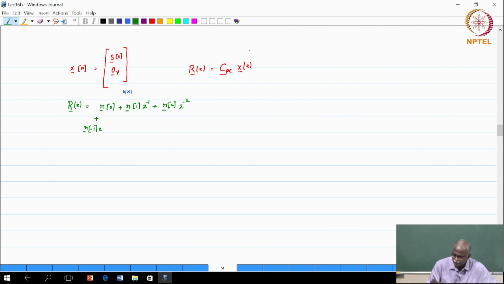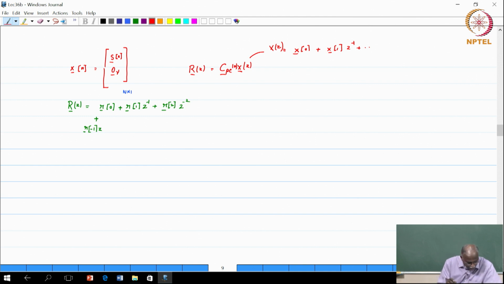X of Z is nothing but X sub 0, which is obtained by zero padding, X sub 1 Z inverse, dot dot dot, and of course, if you had X of minus 1, there would be a power of Z. Now, you can multiply CPC of Z, by the way this is CPC of Z, with X of Z, and notice that because of the zero padding, the effect of the Z inverse terms in CPC actually get cancelled.